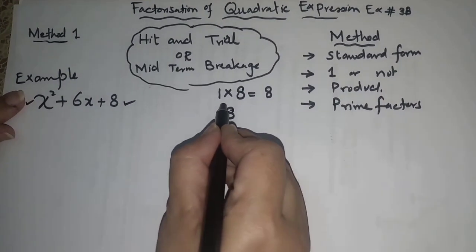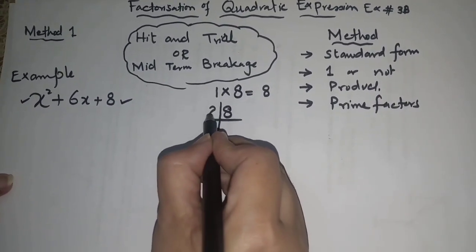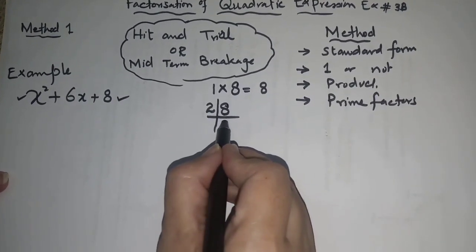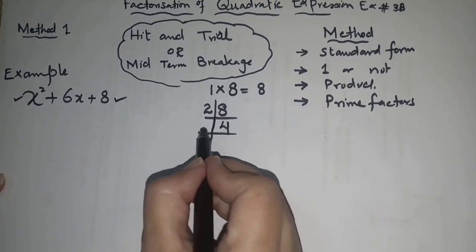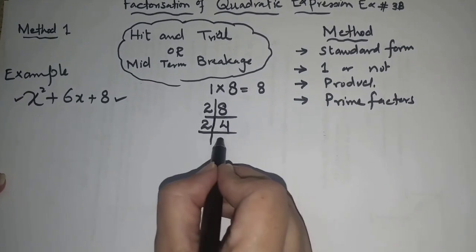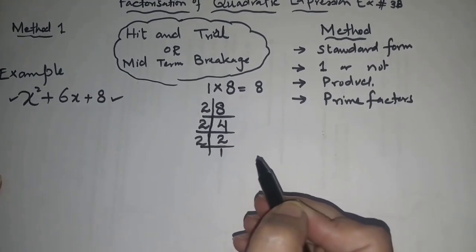This is an even number and the smallest divisor for 8 will be 2. When I divide 8 by 2, my answer comes 4. Again, it's an even number, so the next suitable divisor will be 2, and the next will be 2 again.